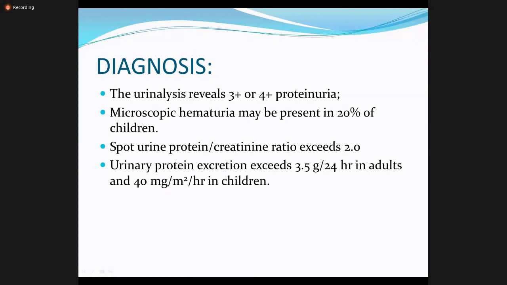Then what is the treatment? Most cases of typical nephrotic syndrome in children may be managed on an OPD basis.